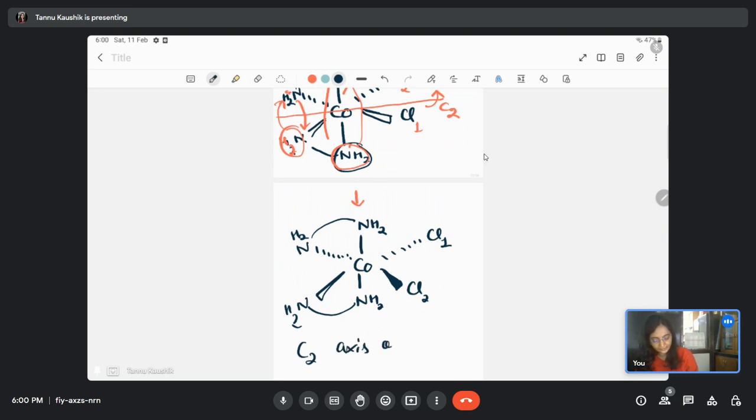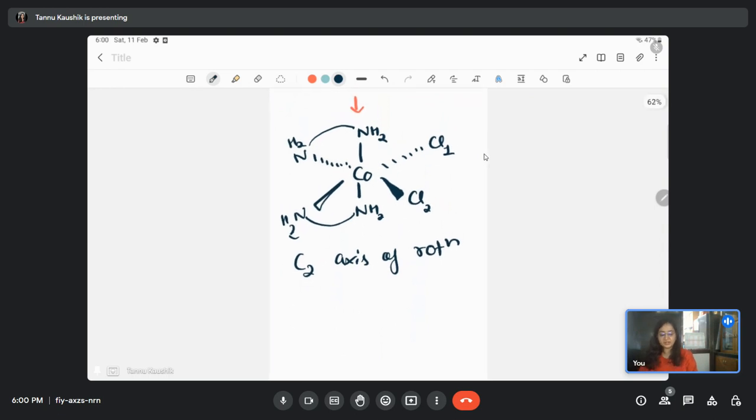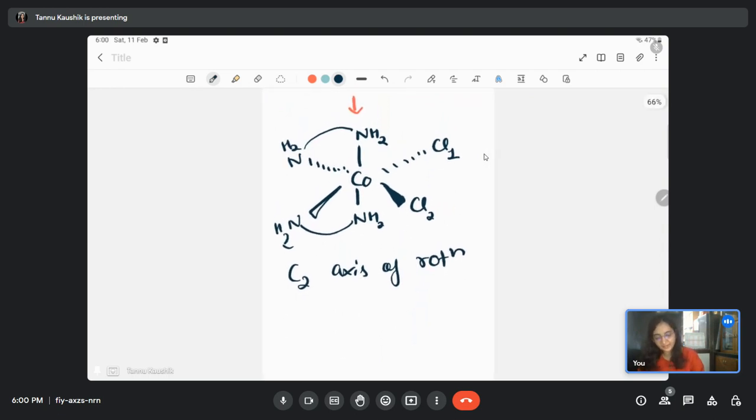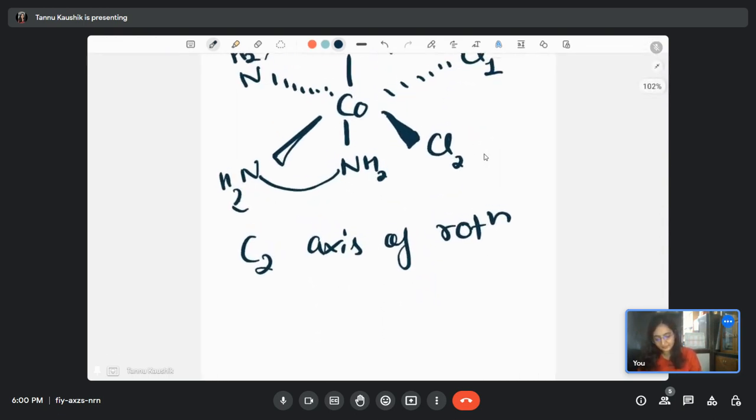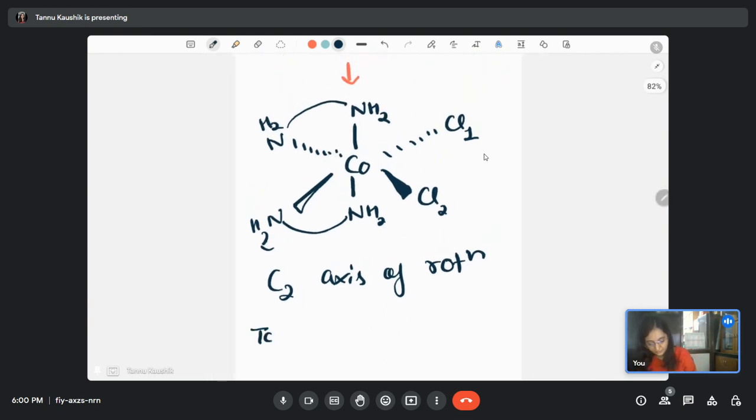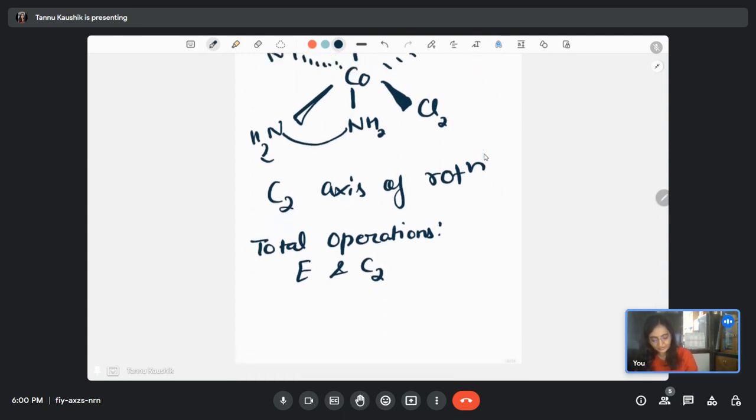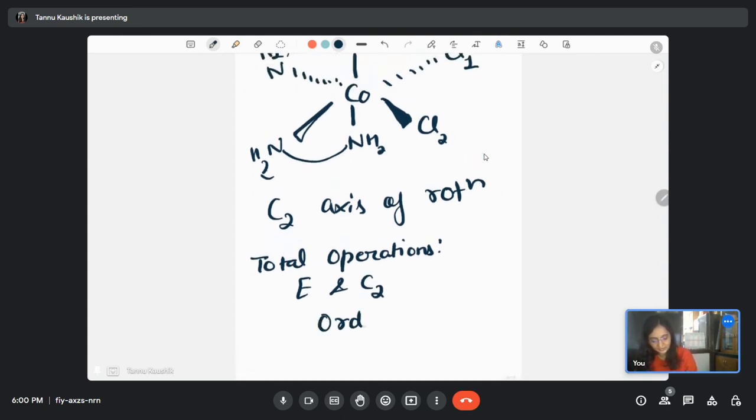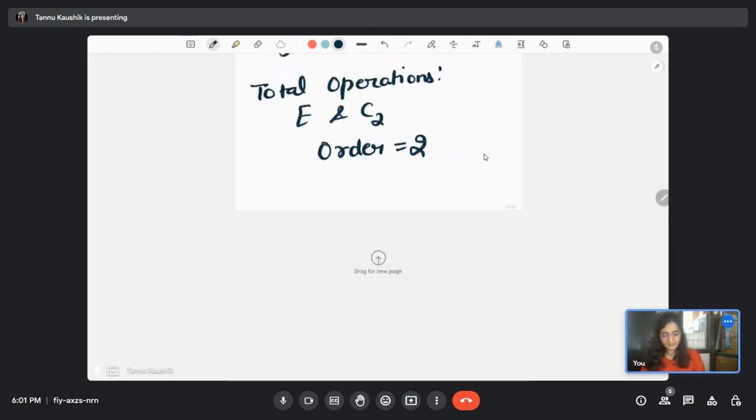So we have a C2 axis of rotation in this molecule and we don't have any other symmetry operation present here. So the total operations here are identity operator and C2 axis of rotation. So the order is 2.